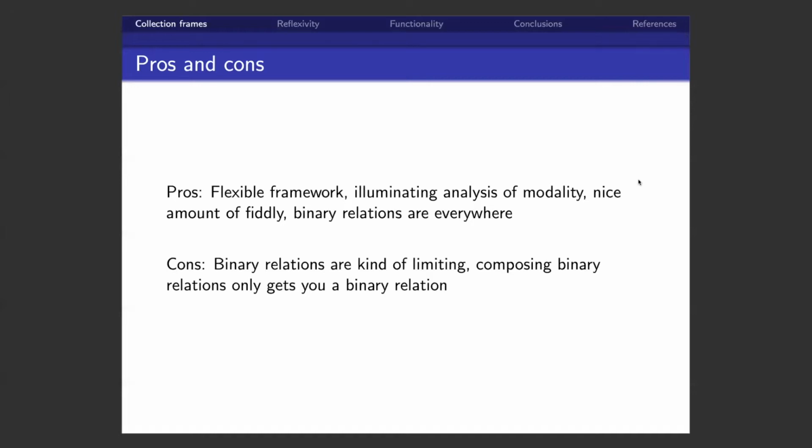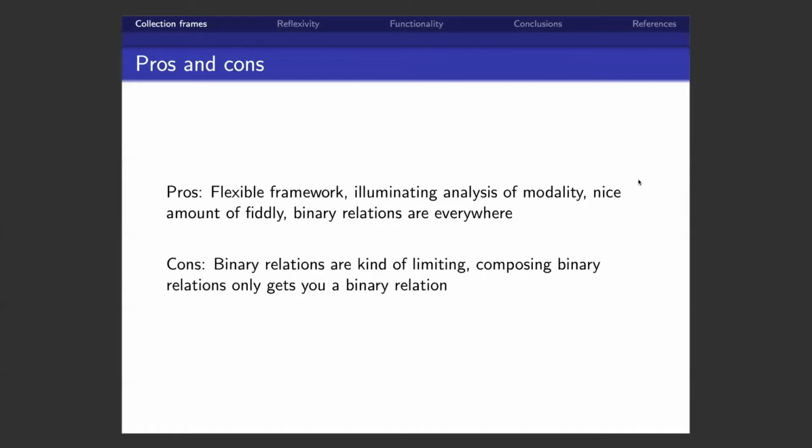They do have a couple of cons. First off, binary relations are kind of limiting. With only 2 slots, there's only so much you can do. There's some things that you're just not going to be able to model using them. Even some kinds of modal notions, some kinds of necessity, you're just not going to be able to model using binary relations.